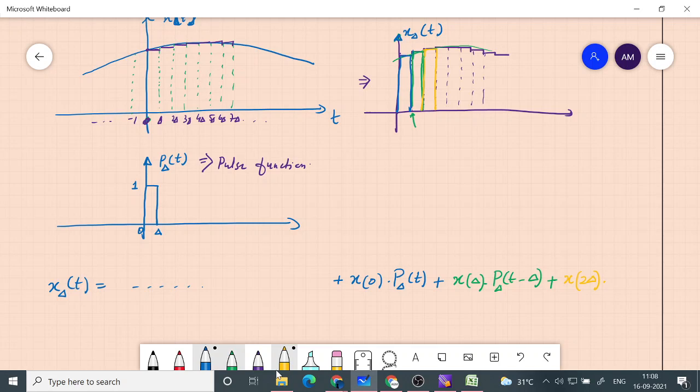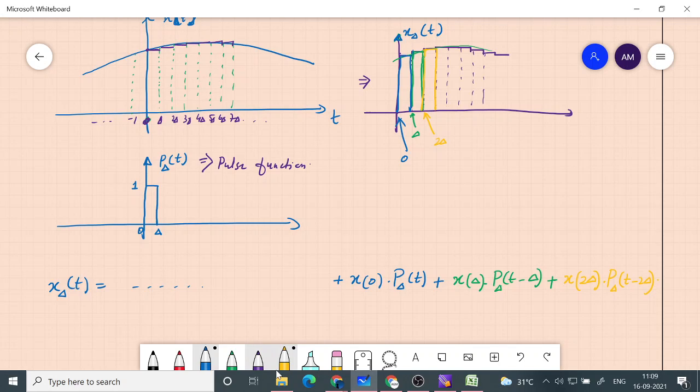This location is delta, and this location is 2 delta, and this is 0. x of 2 delta multiplied with the shifted version of the pulse function, p of t minus 2 delta.